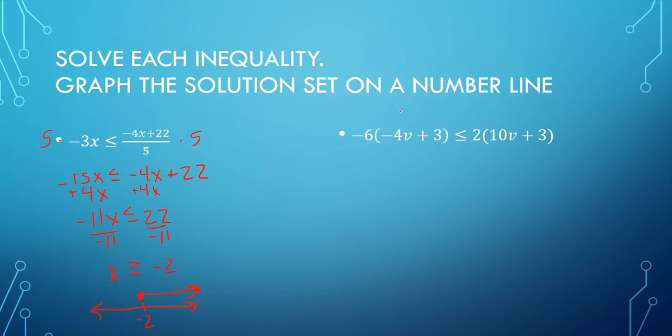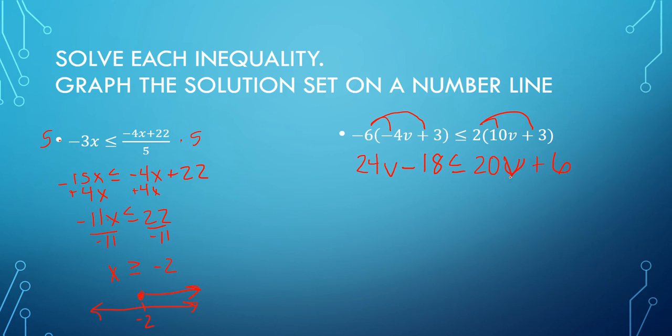Now this second example, you distribute since there's parentheses. -6 times -4 is a positive 24v. -6 times a positive 3 is a -18. Distribute on this side as well. 2 times 10v is 20v, and 2 times 3 is a positive 6.